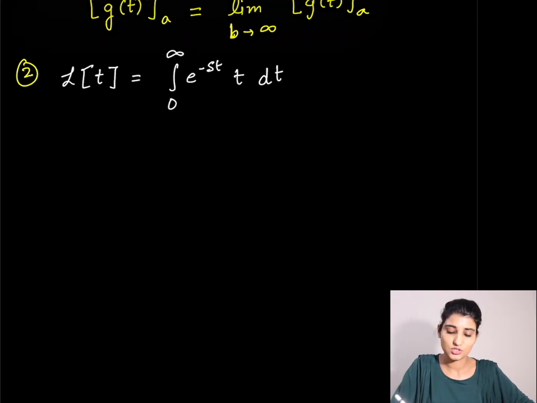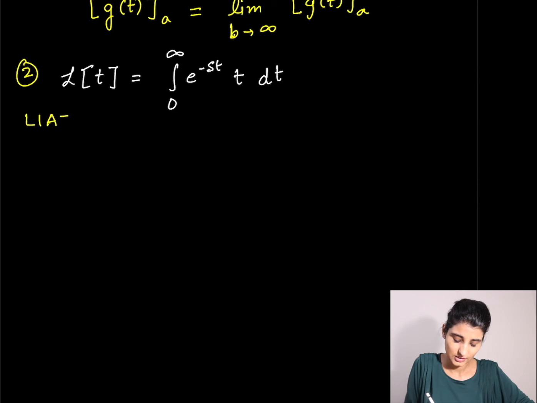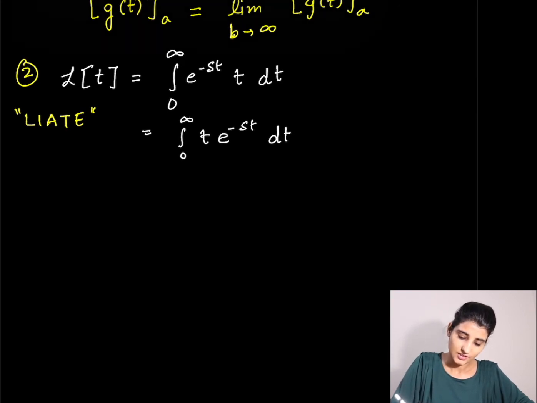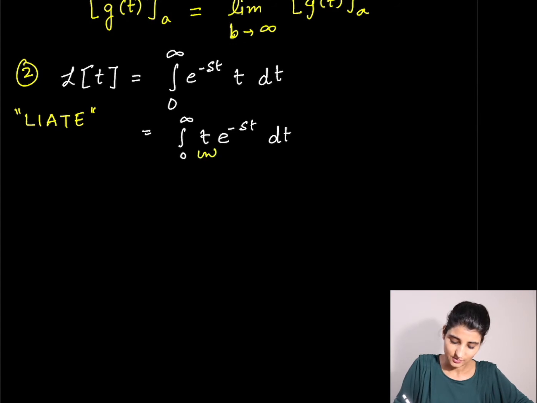We need to choose our functions u and v using the rule LIATE. t is an algebraic function, so we choose it as u. So let's write this as the integral from 0 to infinity of t times e^(-st) dt. Our t is the algebraic function, so this is u, and the exponential function that is left is our dv.